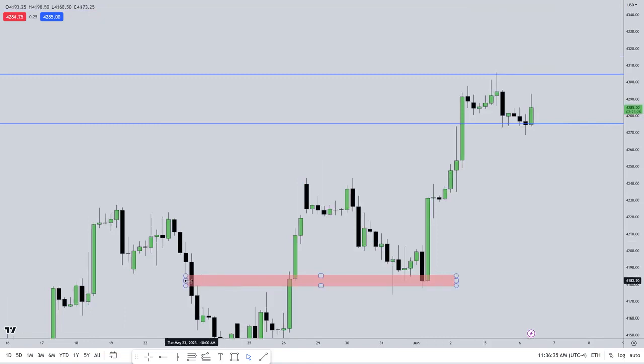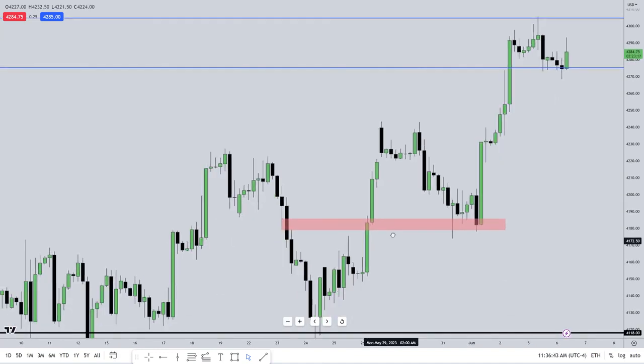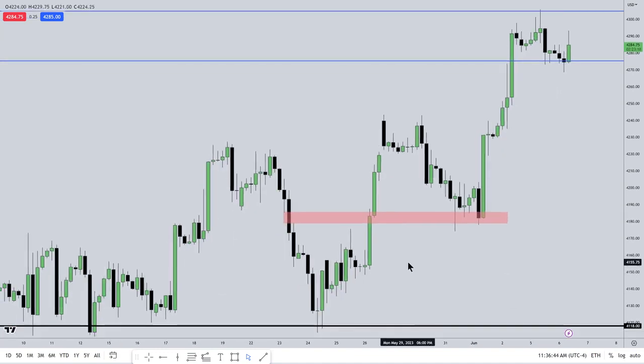Inversion fair value gap. If you ever have an inversion fair value gap, and here's for your notes, folks. I was going to save this for the book, but I'll give it here today. If you have an inversion fair value gap like that, and you have a fair value gap that's just below that level inside of your dealing range, meaning you have this low to that high, this inversion fair value gap, we would want to see it trade through that because we're bullish.